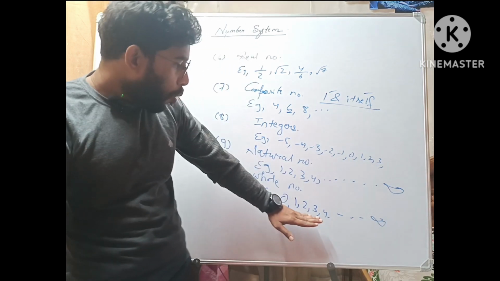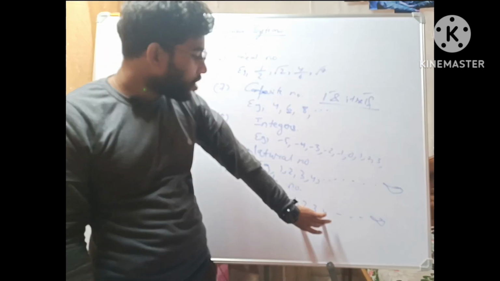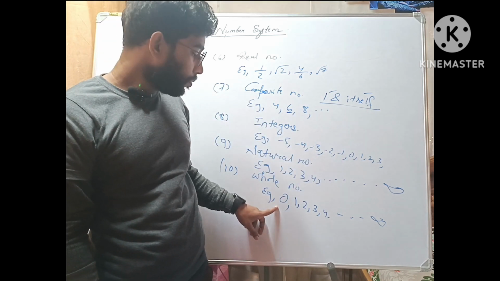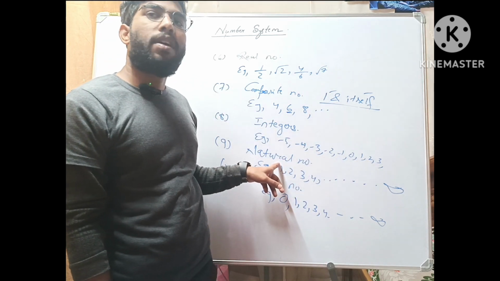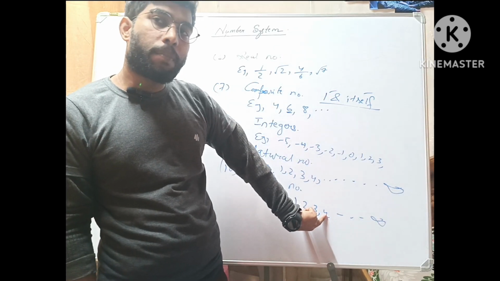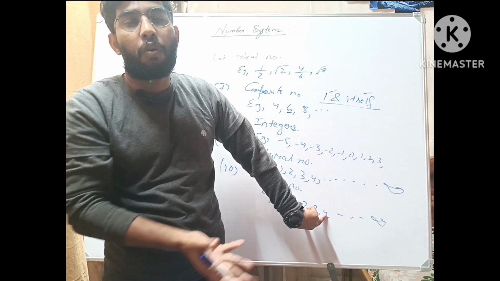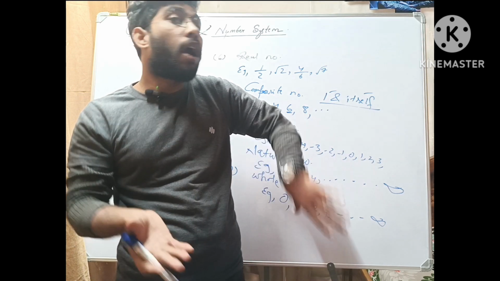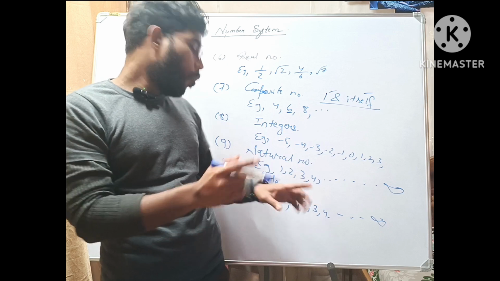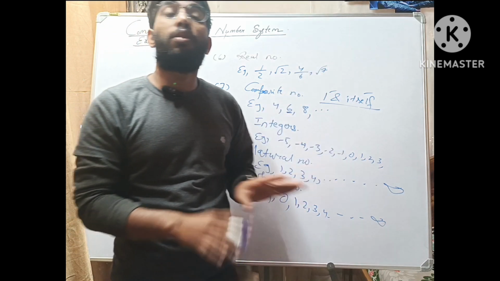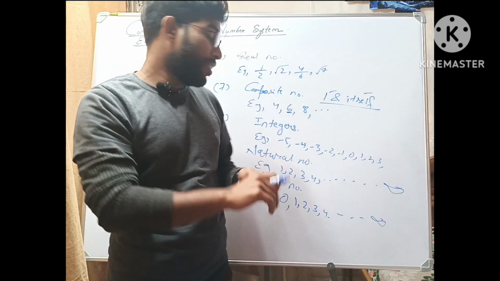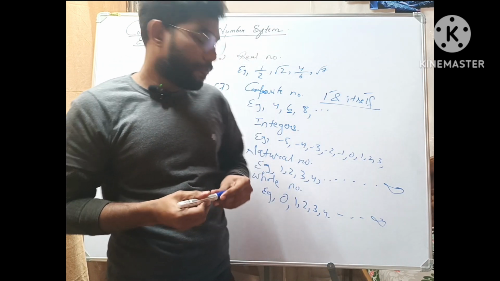So all the whole numbers are included in the natural numbers except 0. 0 is not there in the natural numbers. And all the natural numbers are included in the whole numbers. But all the whole numbers are not included in the natural numbers because 0 is not there in the natural numbers. But all the natural numbers are present in the whole numbers.